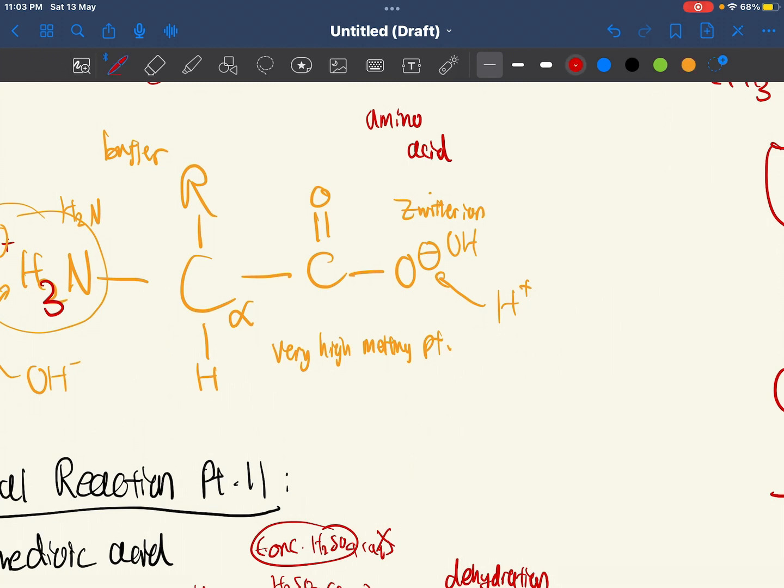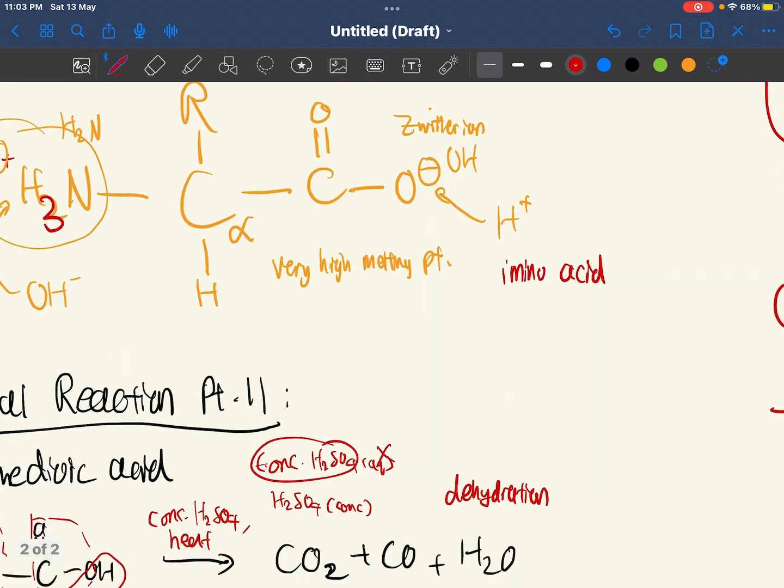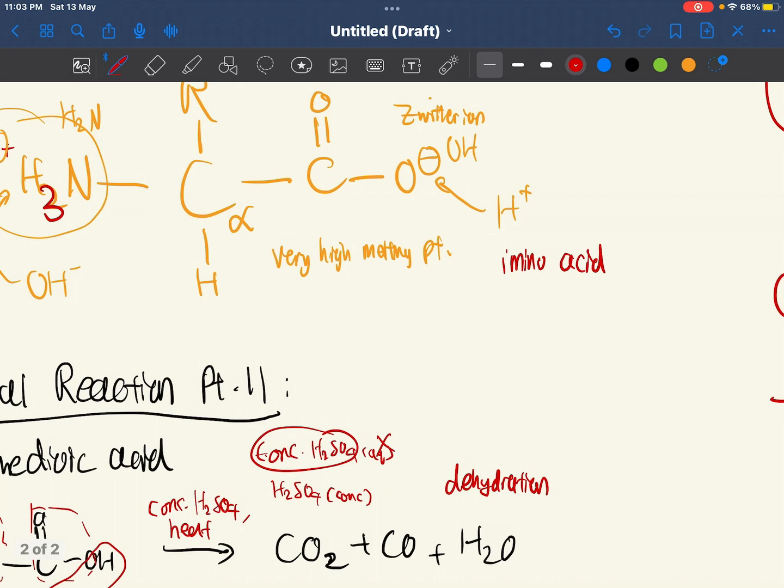In some questions that may ask about amino acid reactions, because it was one of the compounds, it has NH. Then this went on to form a bond with my COOH.